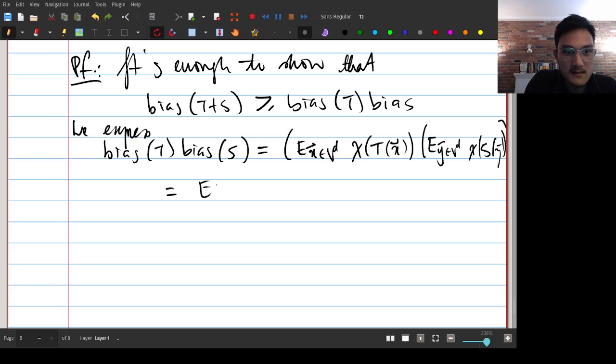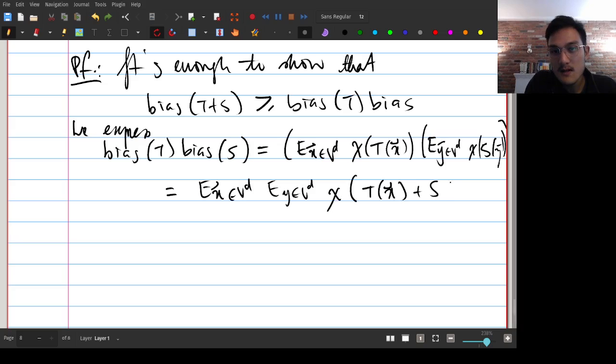This is the expected value over x in V^D, expected value over y in V^D, of the product of chi times something and chi times something else, and because it's an additive character, that is chi of T of x plus S of y.